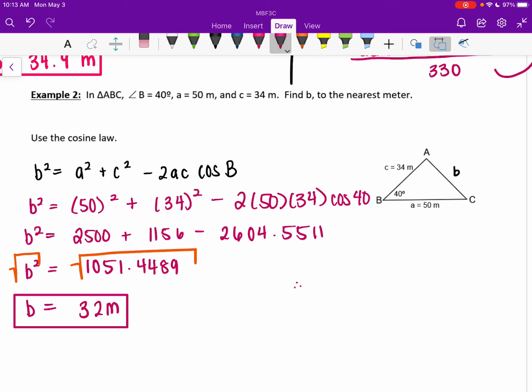So therefore, side B, sorry, I don't know why this keeps happening. Side B is 32 meters. And that's my statement. Cool.